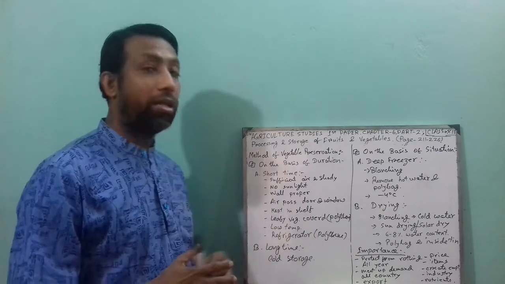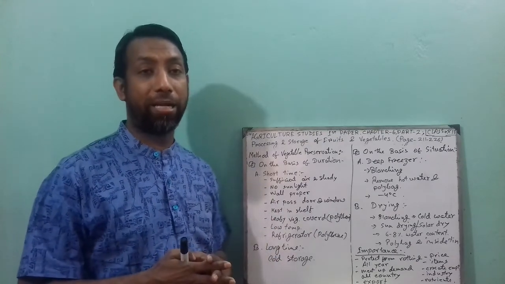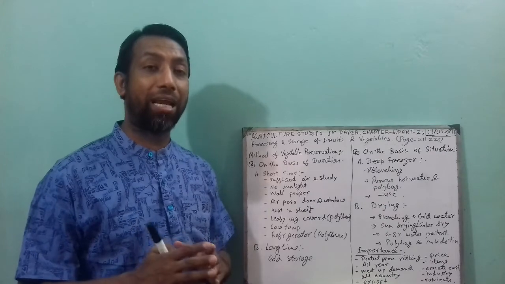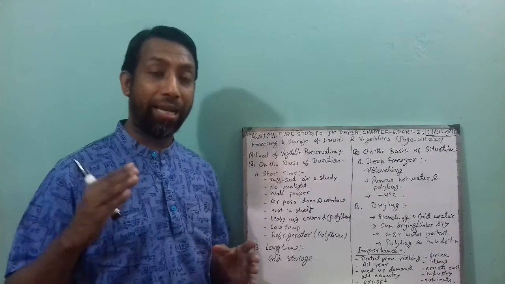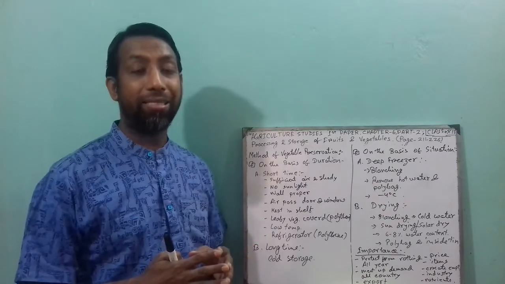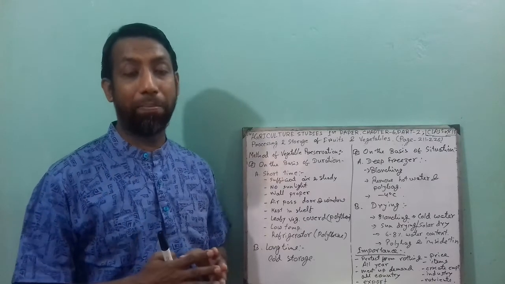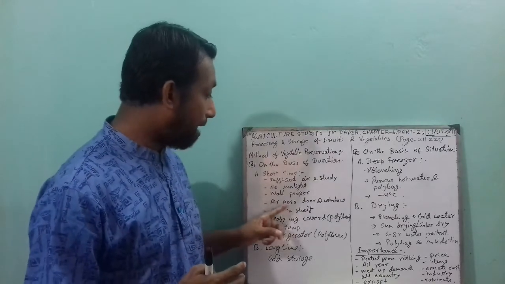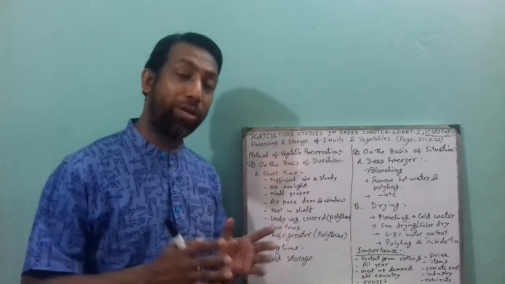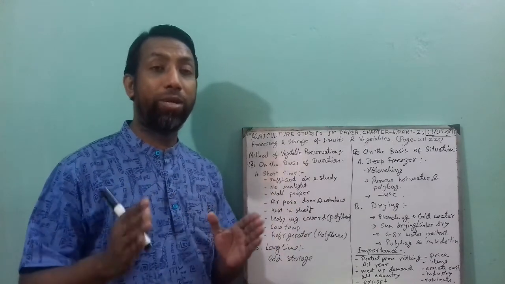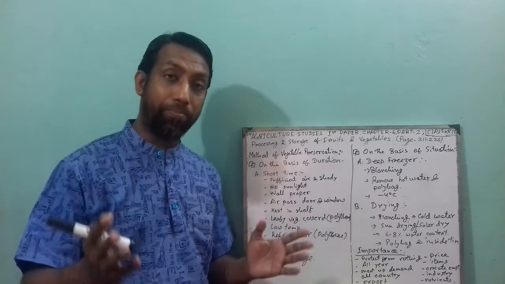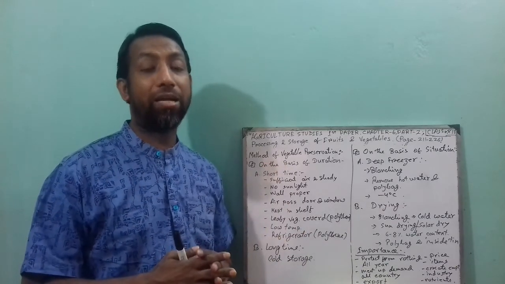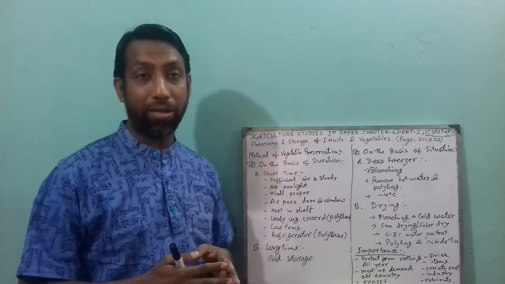And then the wall should be proper, that means no sunlight or other heat enters that place through the wall. Next, air passes through door and window, and you have to ensure that from the window and the door the air ventilation will be proper.